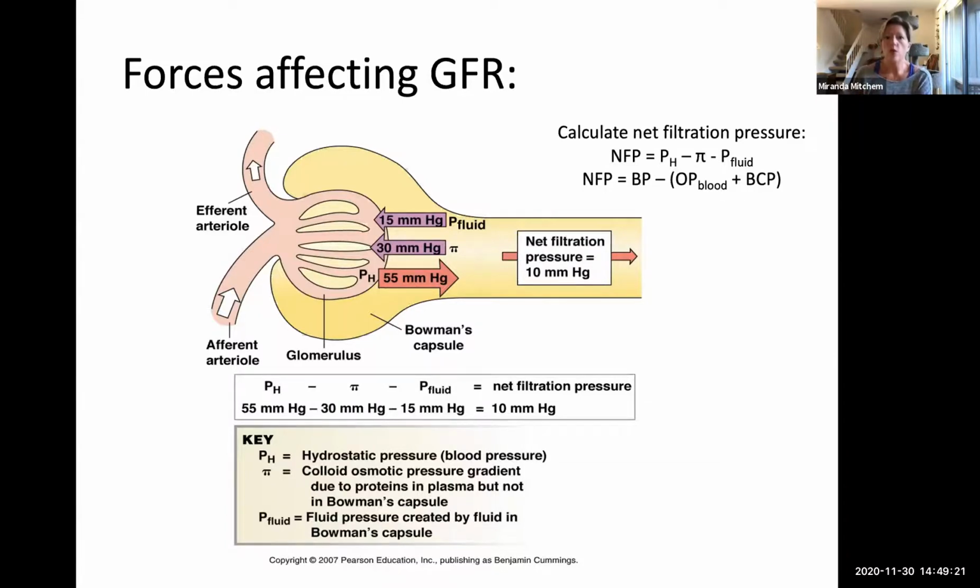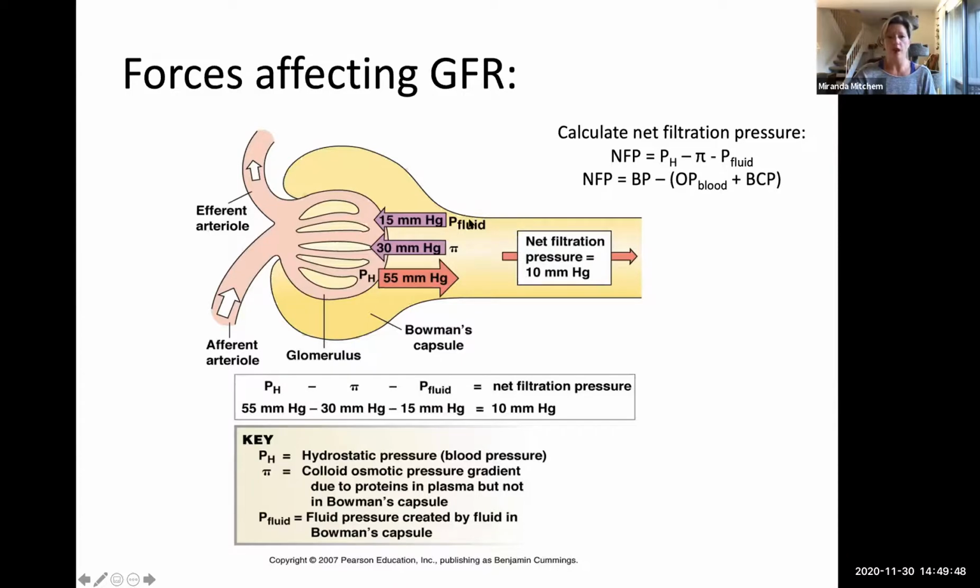But we have two opposing forces that are subtracted out, if you will. So we have the pressure, this 30 millimeters of mercury here. This is the colloidal osmotic pressure, and it's due to the proteins that are present in the filtrate. But we need to subtract that, 55 minus 30.